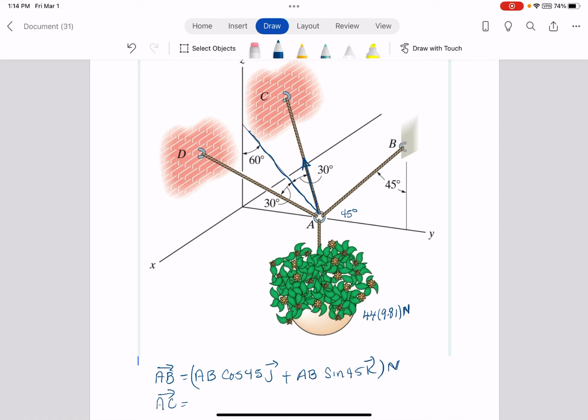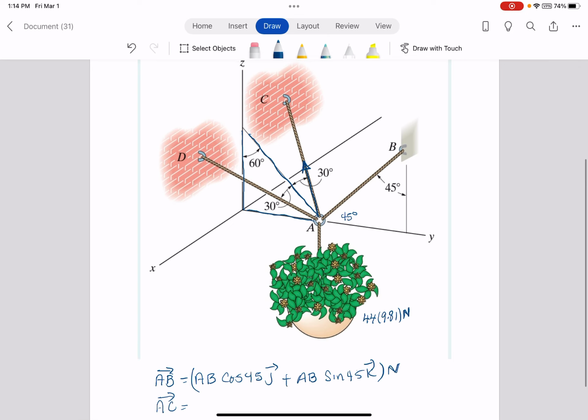You can see this triangle in y and z. So cosine 30 is going to make it in the y and z. Sine 30 is going to make it in the x, in the negative x. But let's look right now at the y and the z.